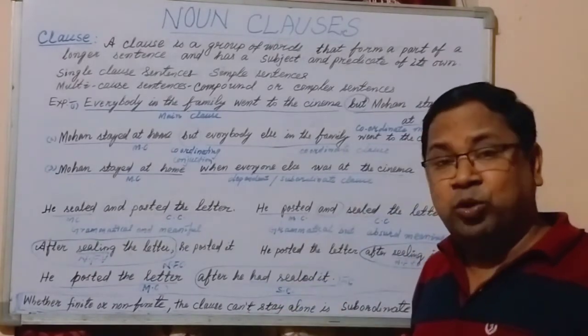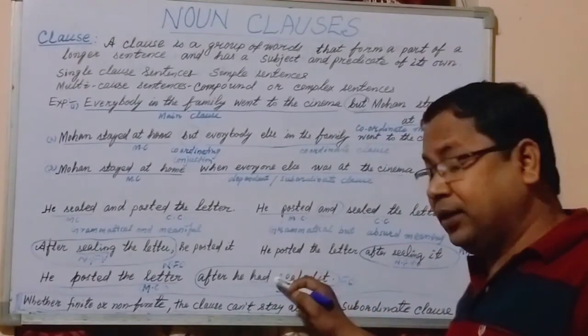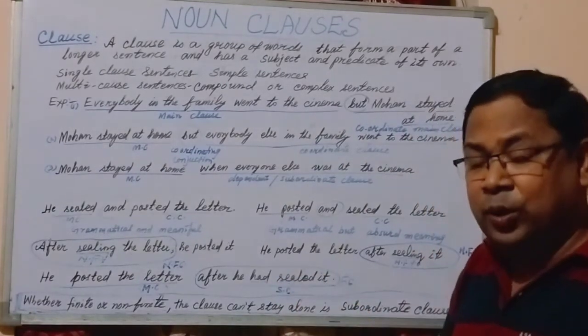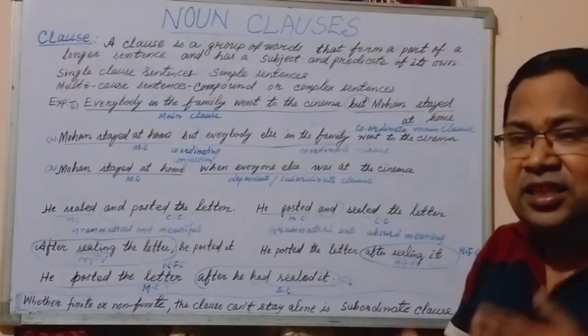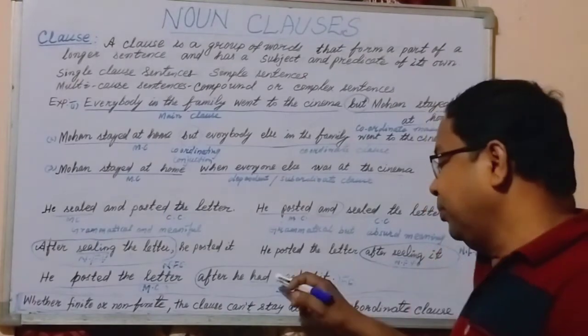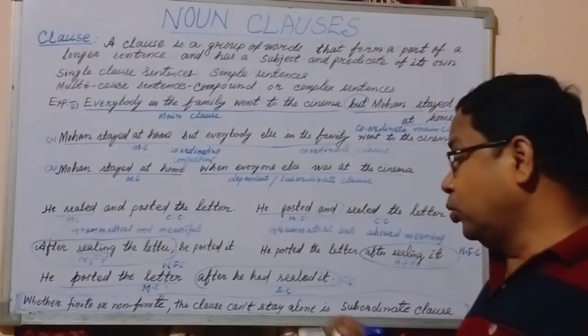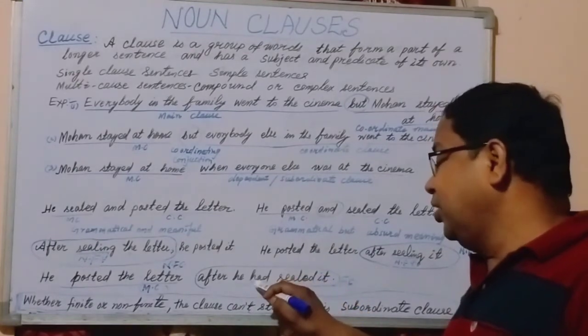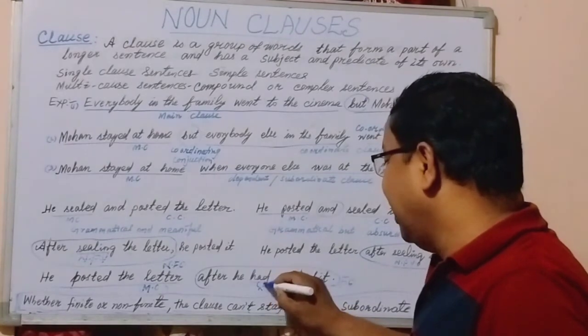Sealing is non-finite, whereas had is your finite one. As you know, a finite verb is the verb form which we can change to the past form. That means had is the past form of have. So we can say had is your finite verb.